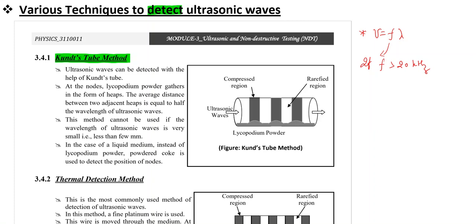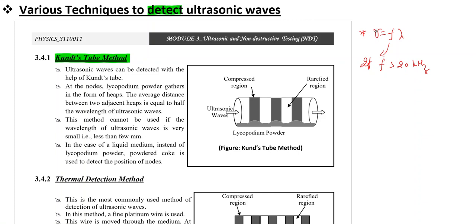So here, this is the equation. Generally the velocity of a sound wave in different media is a known, constant quantity. Suppose we are taking air as a medium, or water, or kerosene, or any metal like brass, aluminum, copper, the velocity is a constant quantity. You can find from the table that the velocity of sound in sea water is this much, and the velocity of sound in air, as we know, is 330 meters per second.